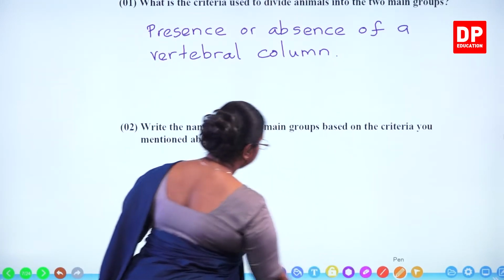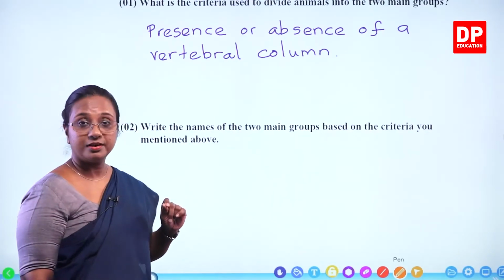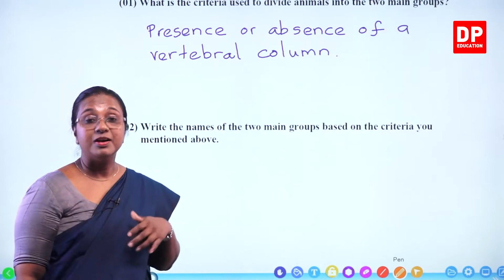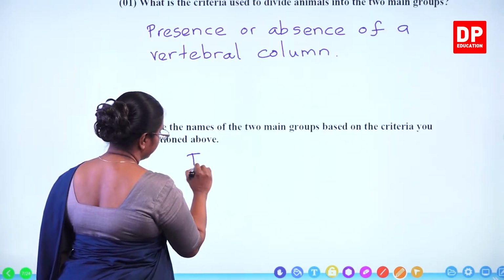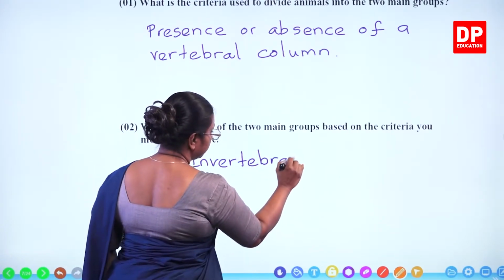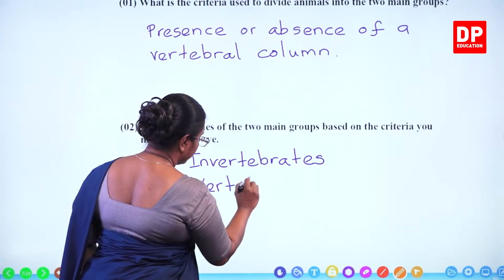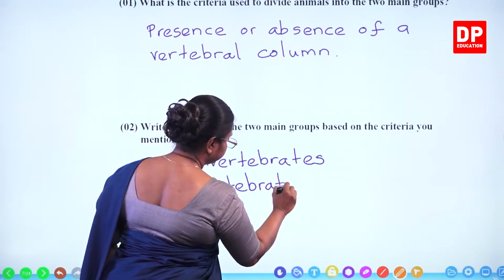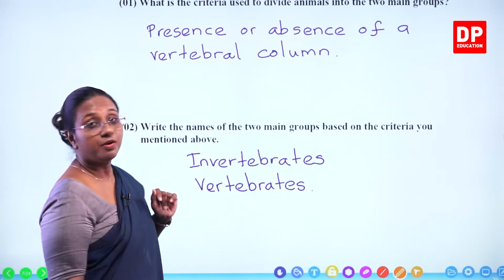Then the next part of the question, write the names of the 2 main groups based on the criteria you mentioned above. I told you all, invertebrates and vertebrates. So, invertebrates and vertebrates. So, those are the two groups of organisms.